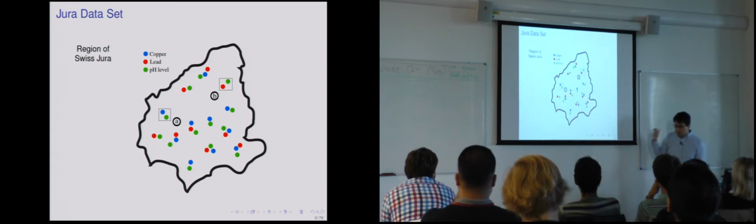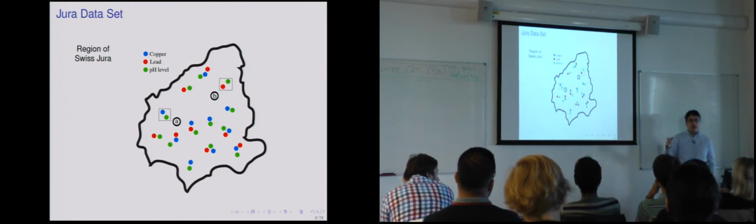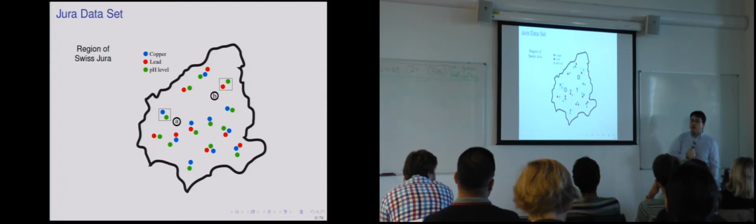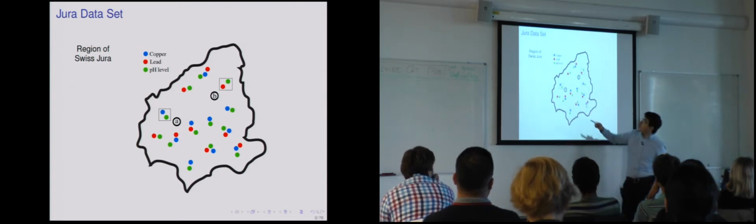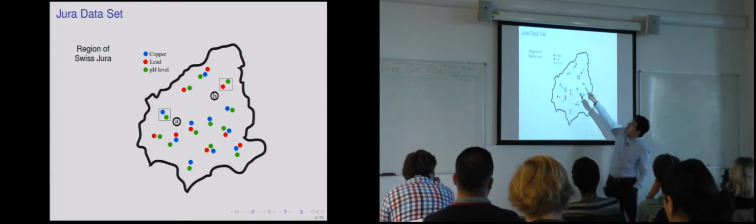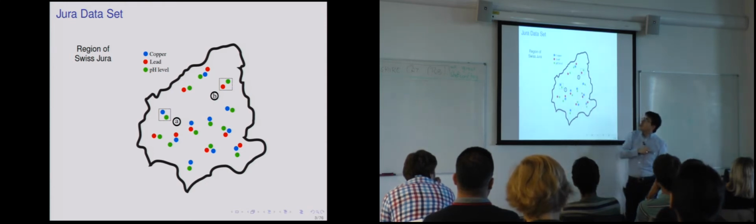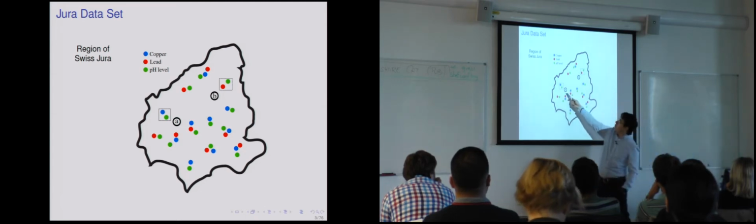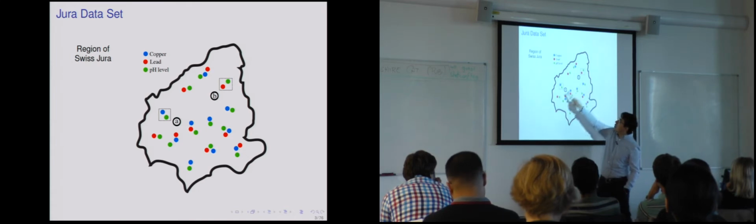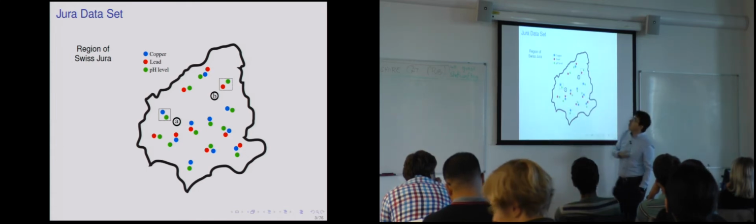The idea is that pH level is usually very cheap to measure, but the concentration of the metals is probably more expensive to measure. What we want to do is to use the pH level as a proxy to predict the value of the metal concentrations for those input locations where we don't have access to it. For example, at input point A, we have access to copper and pH, but we don't have the concentration of lead.